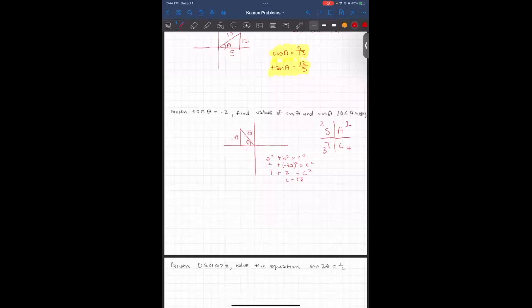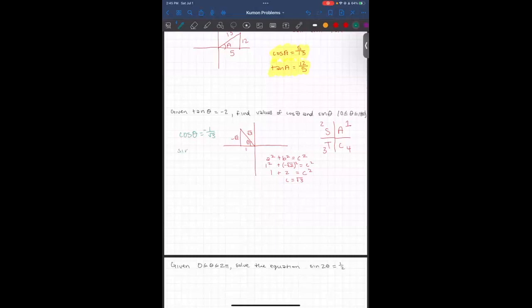Cosine theta, as we know using SOHCAHTOA, is adjacent over hypotenuse. So it would be 1 over the square root of 3. However, we know that we're in quadrant 2, so cosine has to be negative.